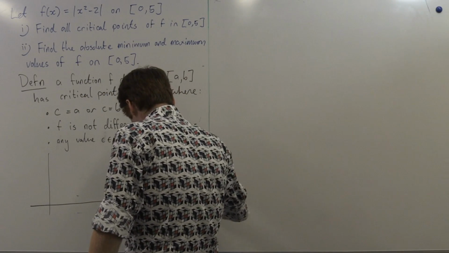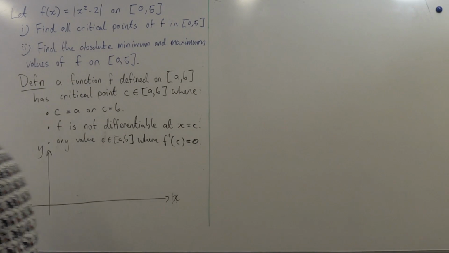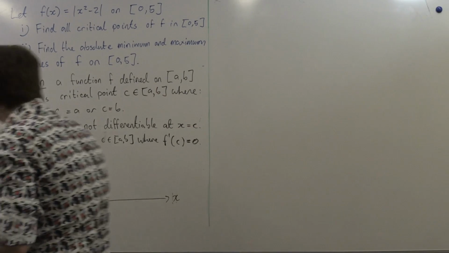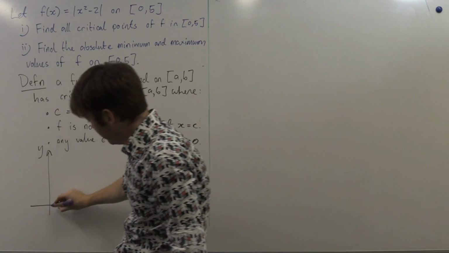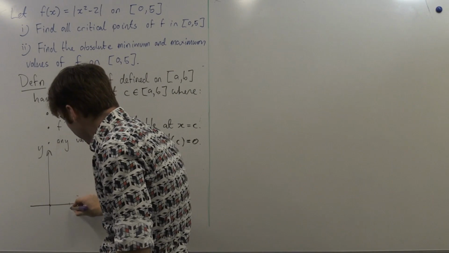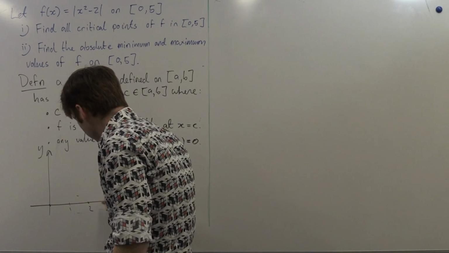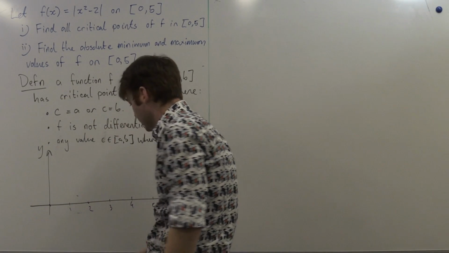That's x, y. So my function is the absolute value of x squared minus 2. So I'll remind you that x squared minus 2 goes through the points 1, 2, 3, 4, and 5, like this.